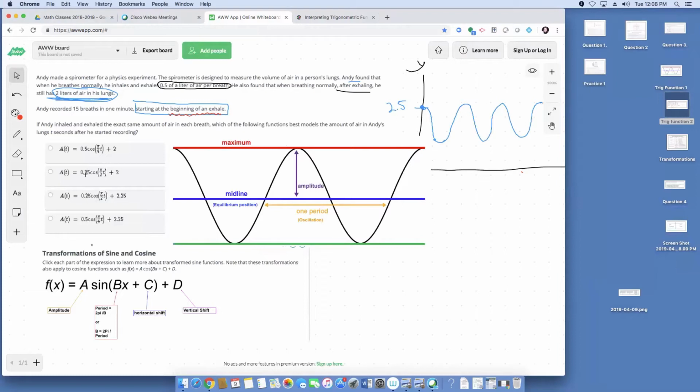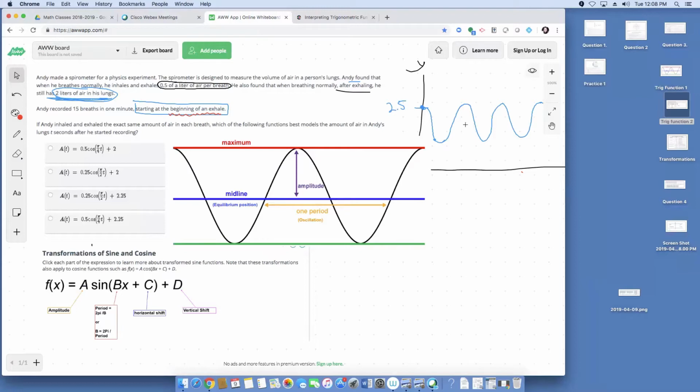So what is the number in front of your function? Well, it's the amplitude. So we can use this to eliminate answers. That's how I'm going about it. So we have to find the correct amplitude to eliminate at least 2 answers. Our amplitude is the distance from the midline to our maximum point, or midline to our minimum point.